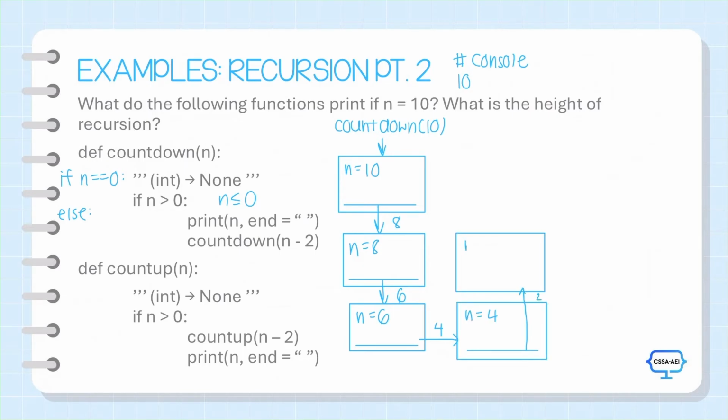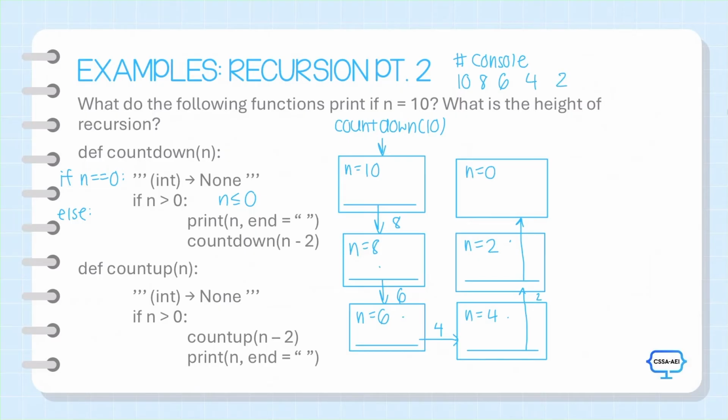Here we'll call 2. Not our base case yet. So we're going to call one more time. And now n is 0. Oh, I forgot to print. This will print 8, this will print 6, this will print 4, this will print 2.